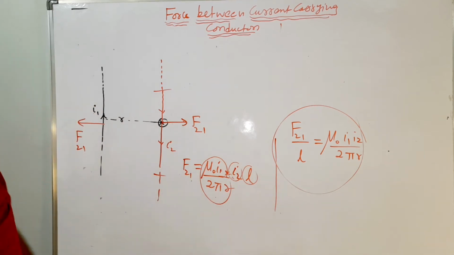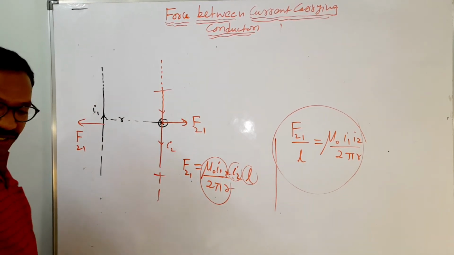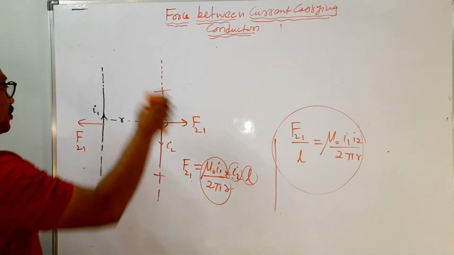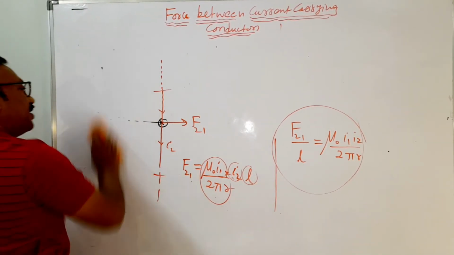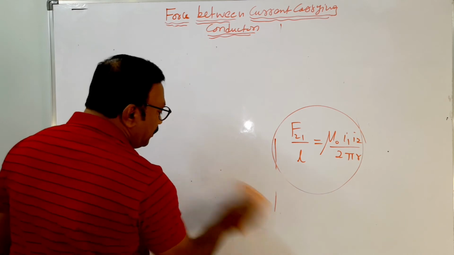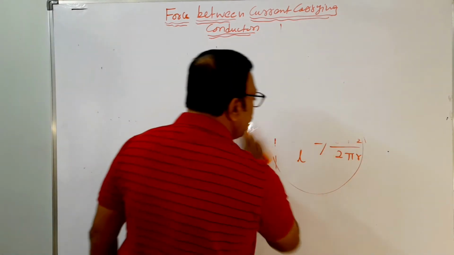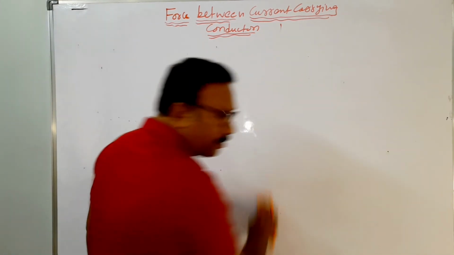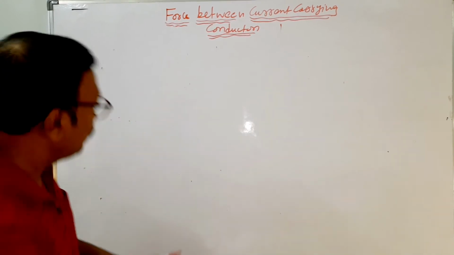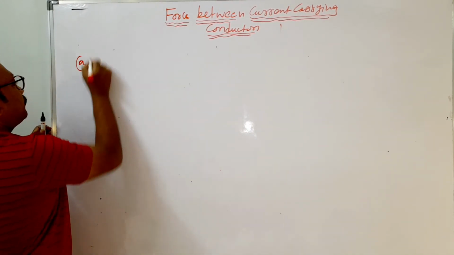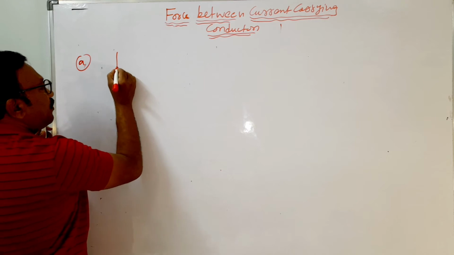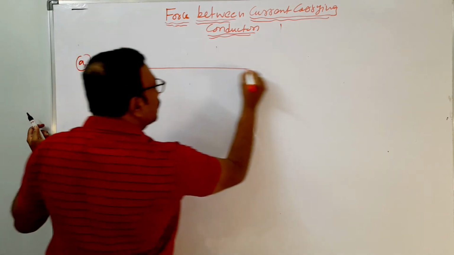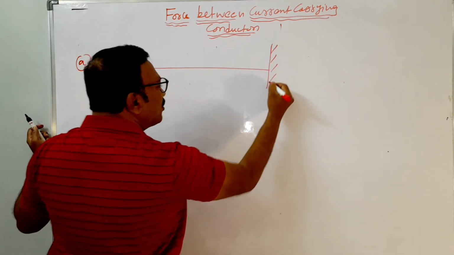Let us come to the application of this now. Application of this concept, this force. The first application: there is an infinite wire like this. Infinite wire means long wire, that's all.